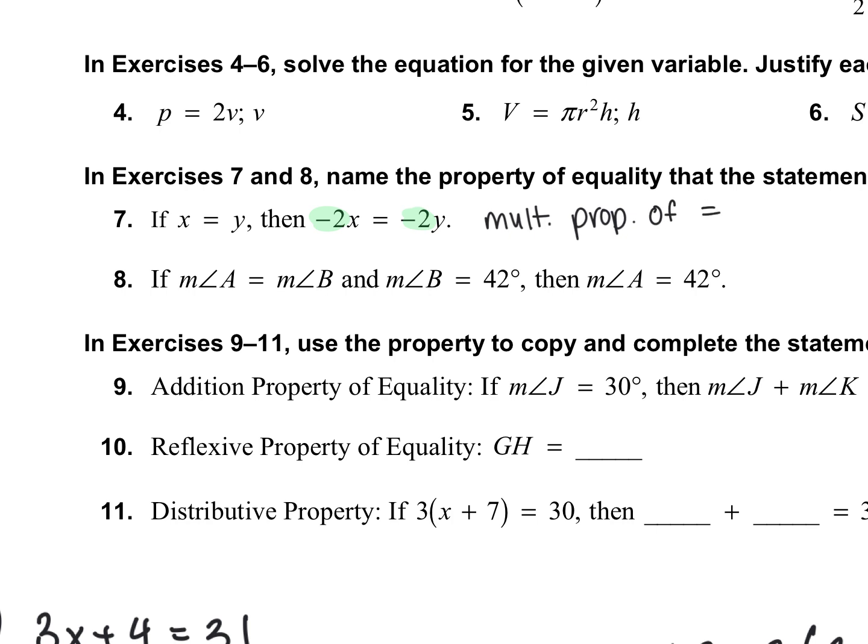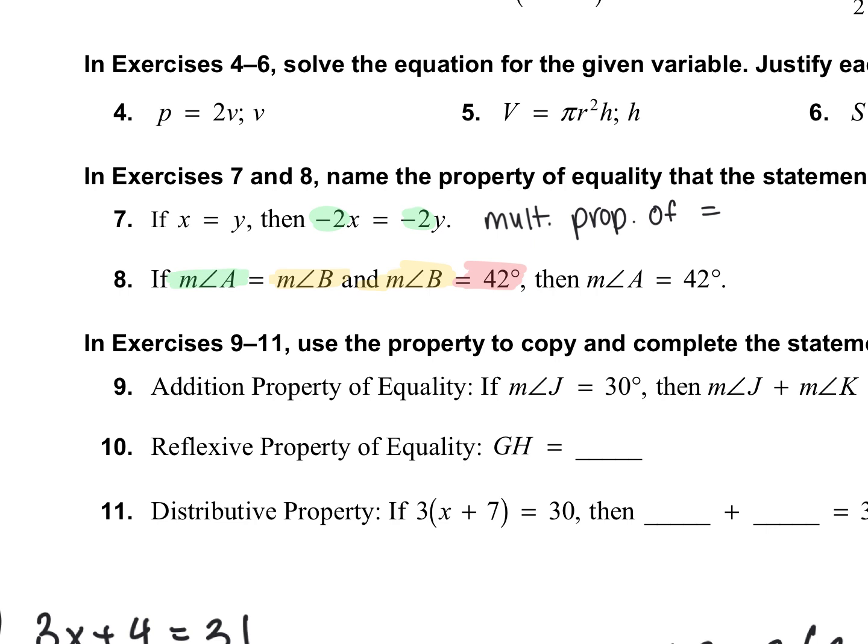Looking at number 8, hopefully we remember this one. Number 8, if the measure of angle A equals the measure of angle B, and the measure of angle B equals 42, then the measure of angle A equals 42. What is this? This is not reflexive. Converse?